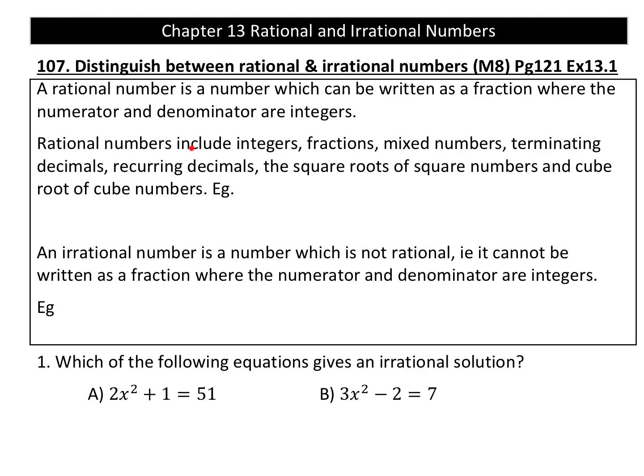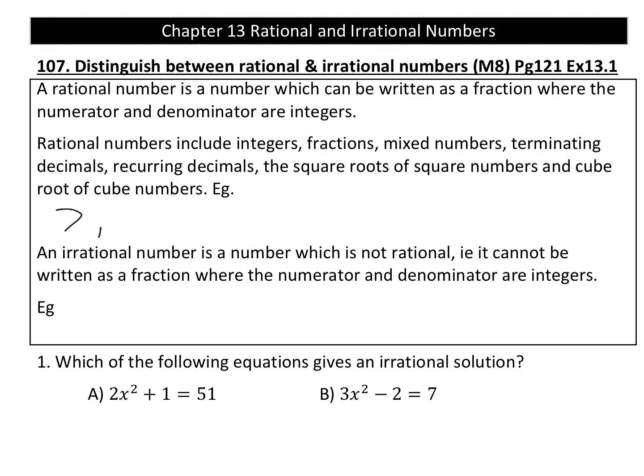Rational numbers include integers themselves, whole numbers, fractions, mixed numbers, which could be then fractions, terminating decimals, recurring decimals, the square roots of square numbers, and the cube root of cube numbers. So, for example, 7 is a rational number.